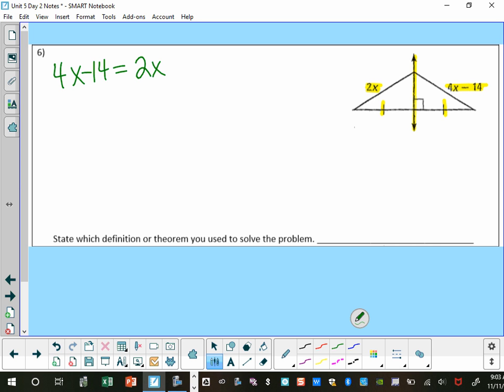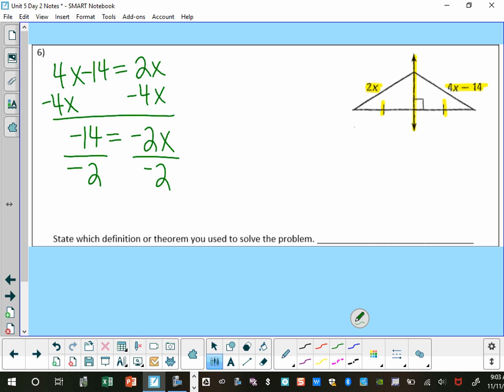Good. Now, what should I move here? 4x. All right, so we're going to subtract 4x from each side. I'm left with negative 14 is equal to negative 2x. Now what? Divide by negative 2. And x is equal to 7. It did not ask us to find the length of that side, it just asked me to find x. So I stop there.